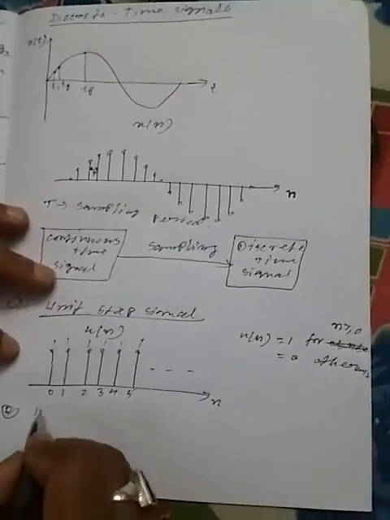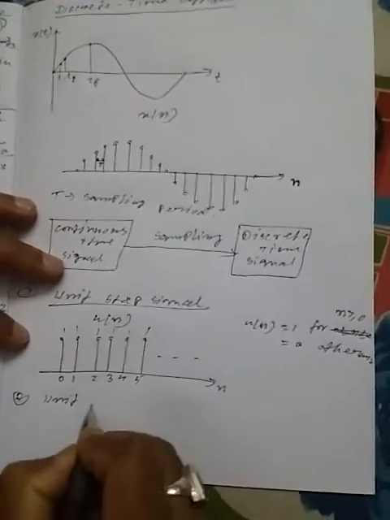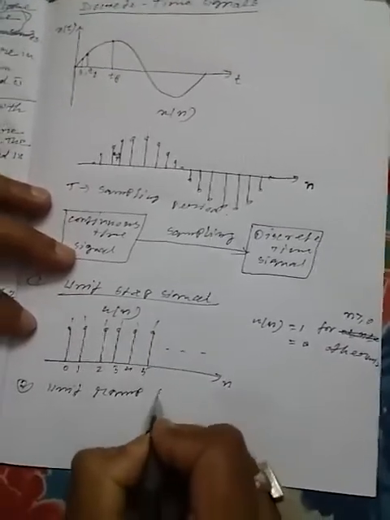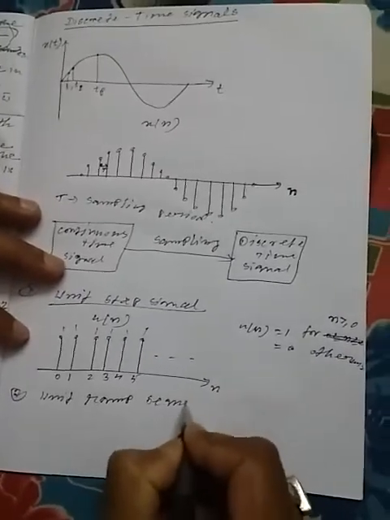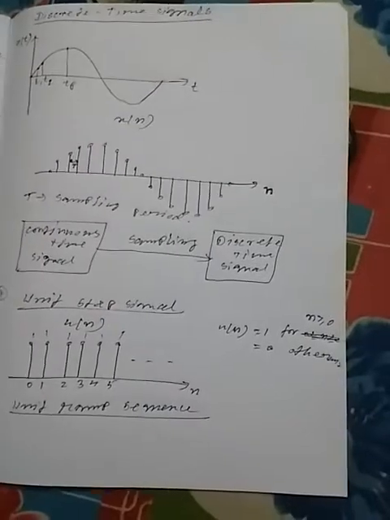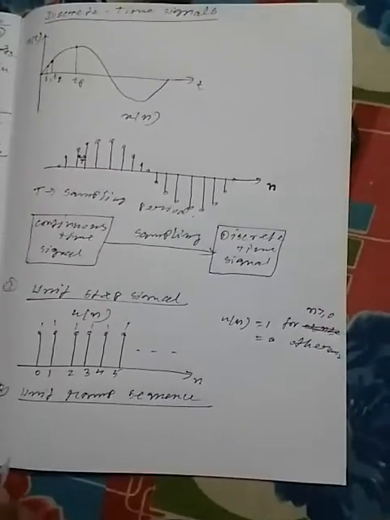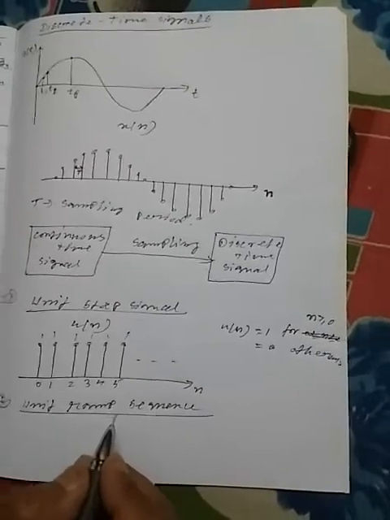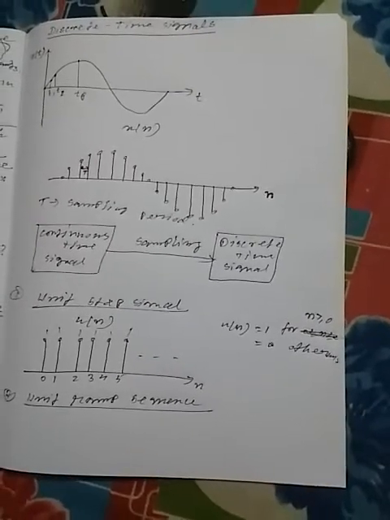Now unit ramp. A signal in discrete time can be represented by a sequence also. That's why this is called unit ramp signal or unit ramp sequence.